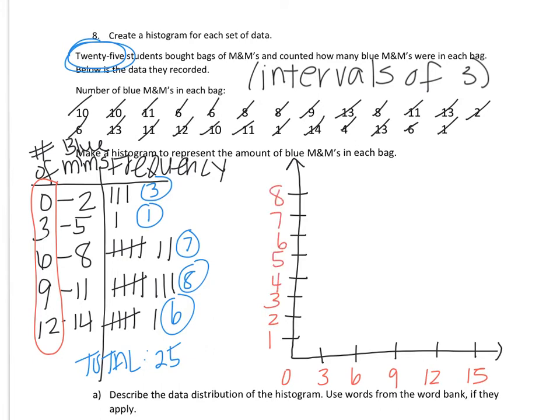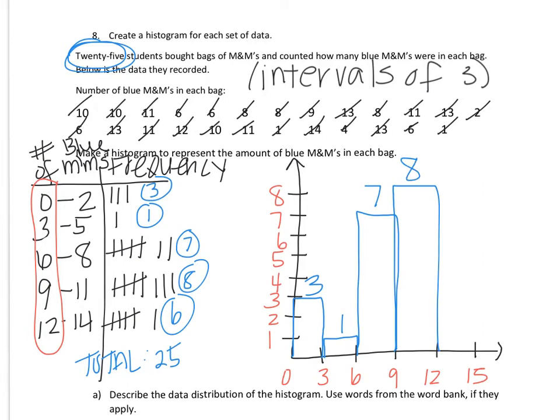Okay, so my first bar is from 0 to 2. So that is going to go up to 3. I'm going to try and draw this as best as possible. And if I wasn't sure, I would label the top so I know that's 3. 3 to 5 is only going up to 1. 6 to 8, that's going all the way up to 7. 9 to 12 is going to go all the way up to 8.